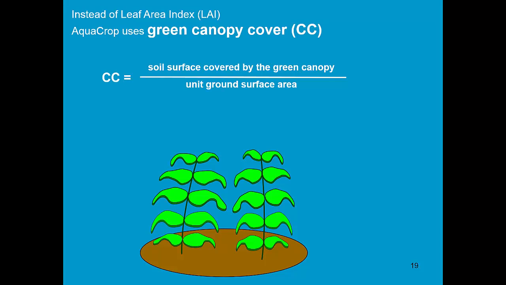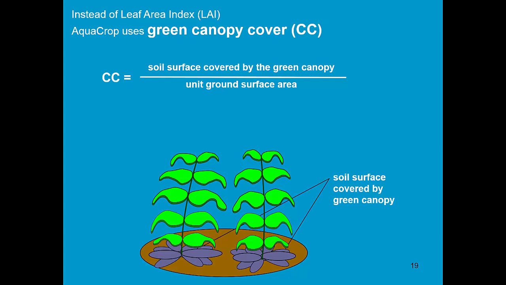CC is the ratio between the soil surface covered by the green canopy cover over the unit ground surface. When the sun is directly above the crop, you will see on the soil a shadow, here indicated in purple. That is the soil surface covered by the green canopy.